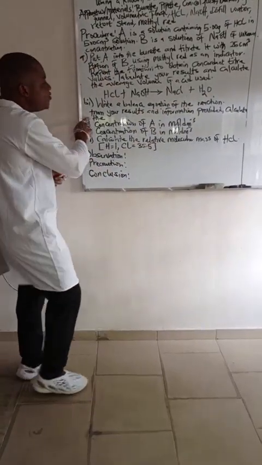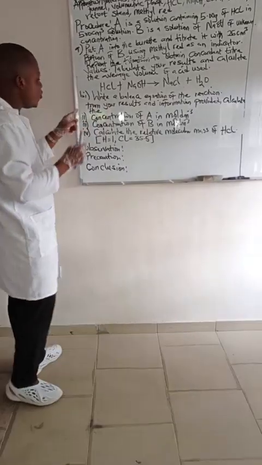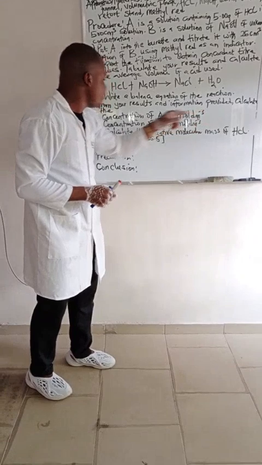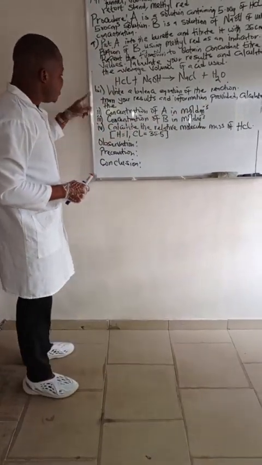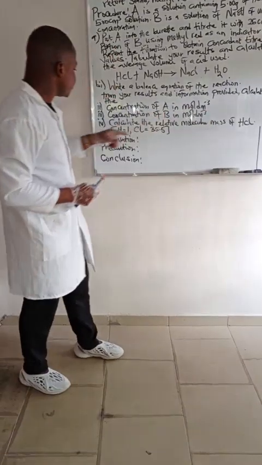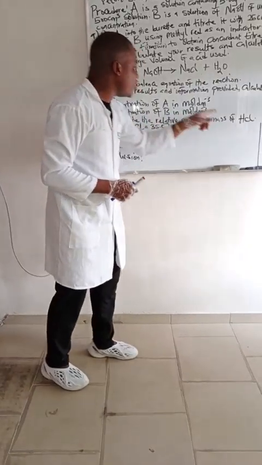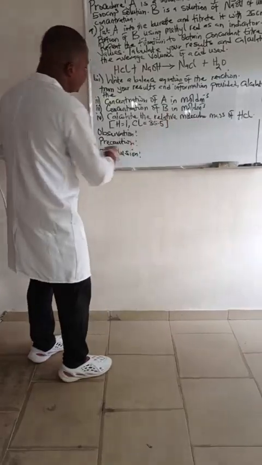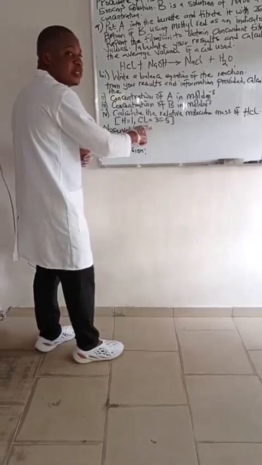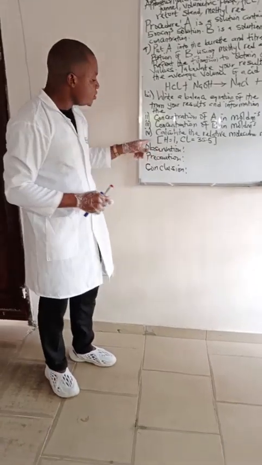From your results and the information provided, calculate B(ii), the concentration of A in mole per dm cube, B(iii), the concentration of B in mole per dm cube, and IV, the relative molecular mass of the acid, HCl, where hydrogen is equal to 1 and chlorine is equal to 35.5.